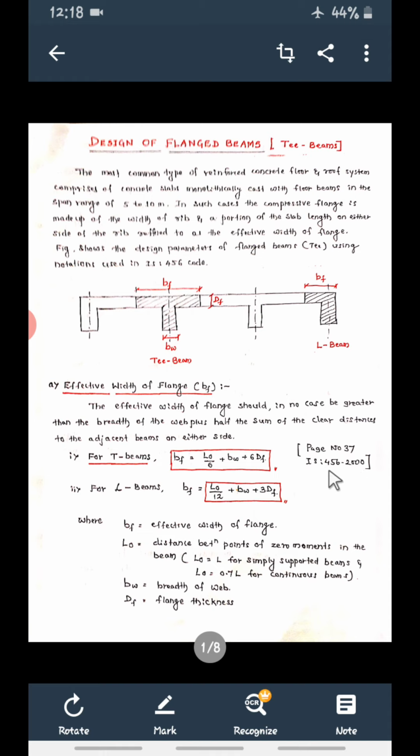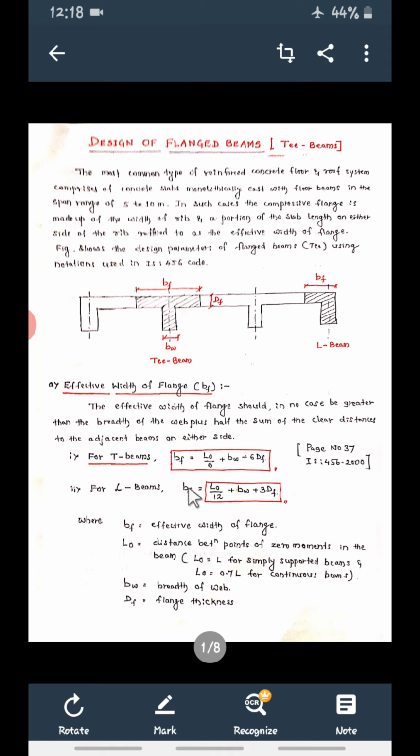There is an equation that we use to find BF, that is breadth of flange. For T beams, BF is equal to L0 upon 6 plus BW plus 6 into DF. Don't add this. It is there in the code book on page number 37. Using this equation, we can find this BF.